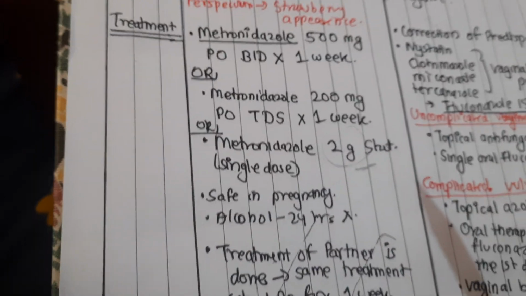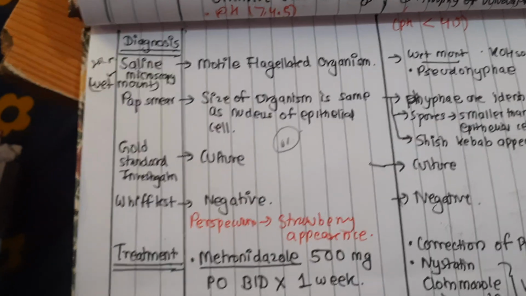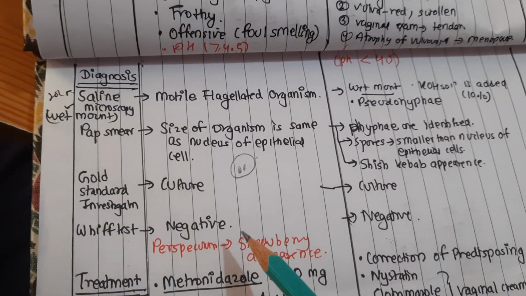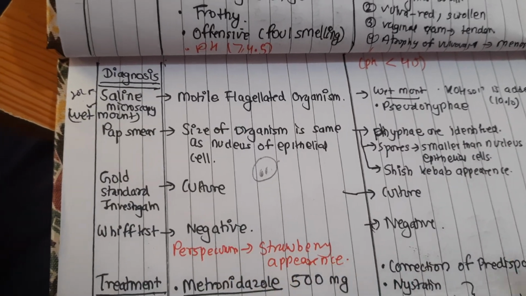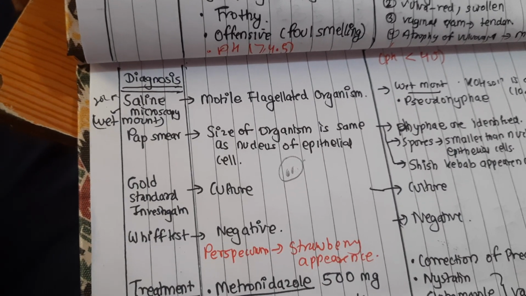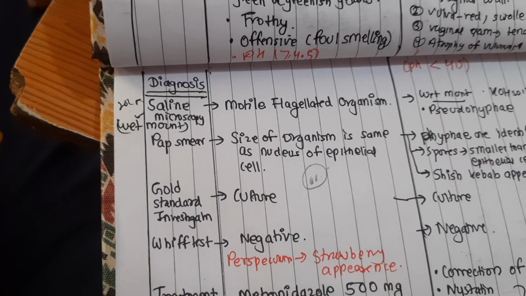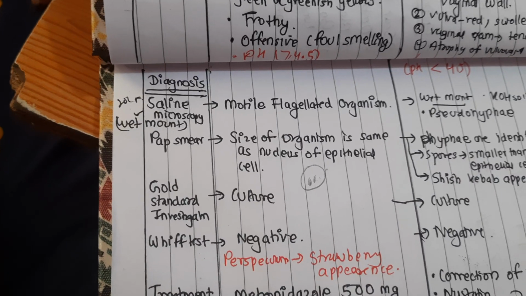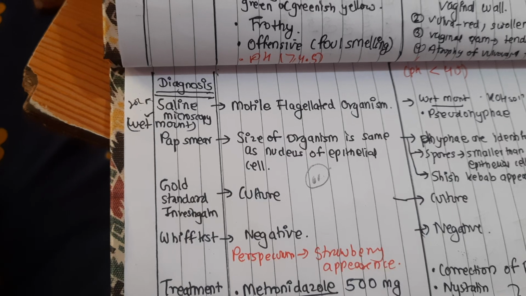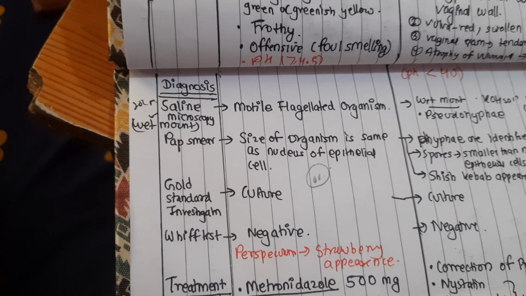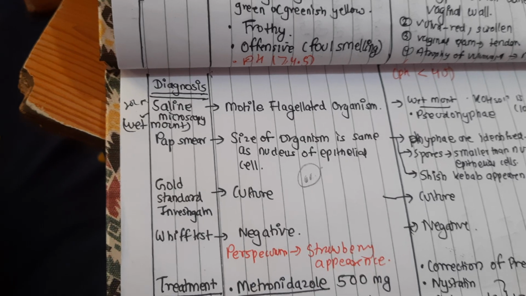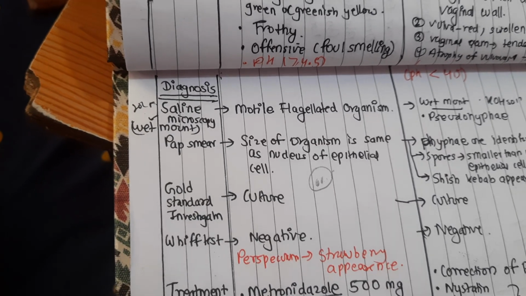So that was about trichomoniasis. And one important thing about trichomoniasis: on speculum examination, we can see the strawberry appearance in the vagina. The vaginal wall becomes red and inflamed with multiple punctate hemorrhagic spots, and this type of spot is also seen on the portio vaginalis part of the cervix.